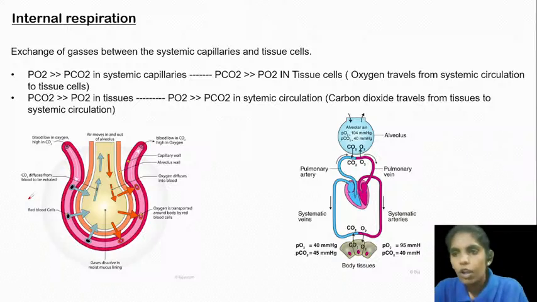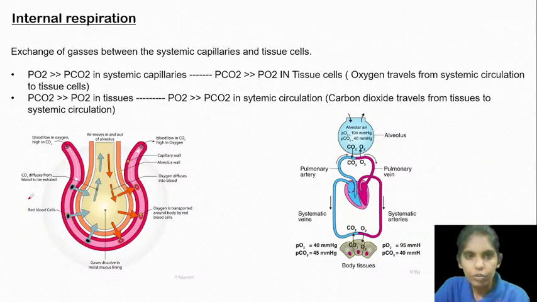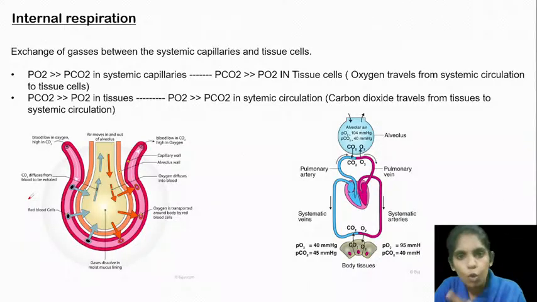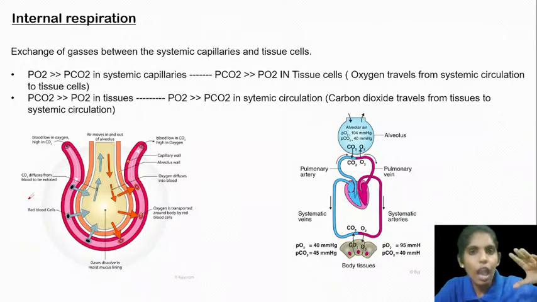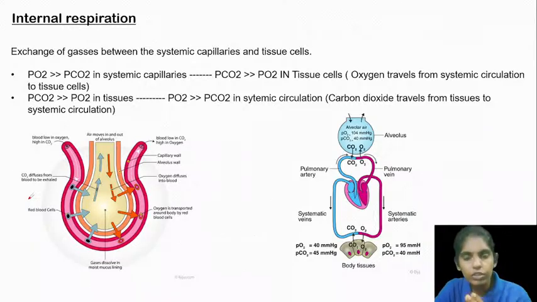So that is the thing here. The one key point you have to remember is that the gases will travel from an area of high pressure to low pressure. That means they will travel from the alveoli, enter into the blood circulation, then into the tissues. In the tissues, the oxygen is utilized and carbon dioxide is produced as a byproduct.